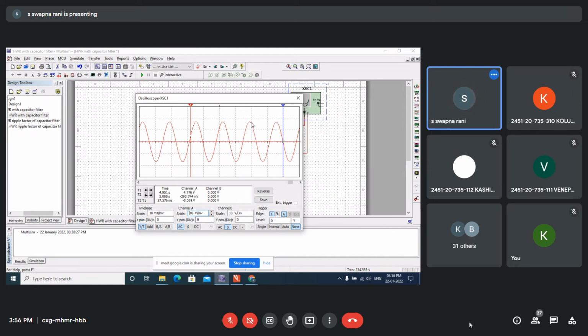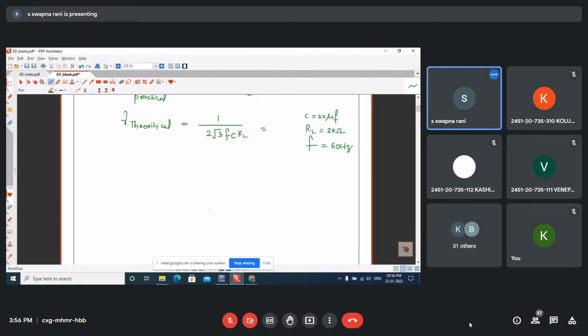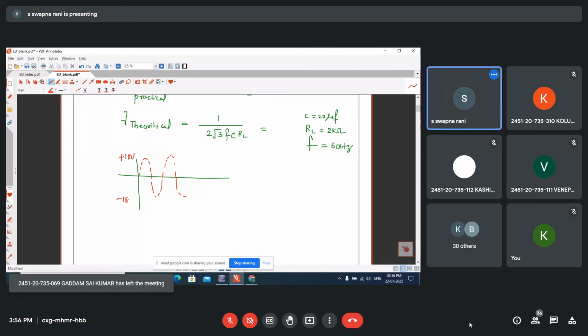You can say that it is 1.8 into 10 volts, which means 18. So you can draw the input signal as plus 18 volts and minus 18 volts.